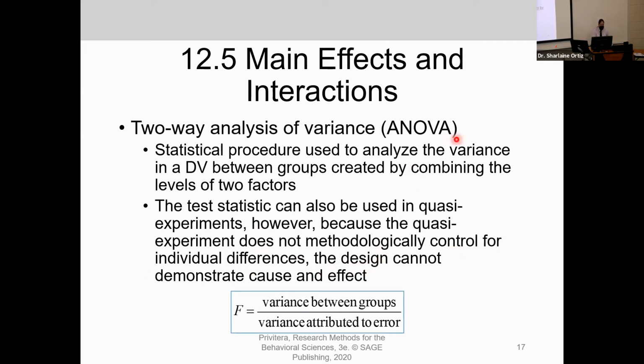So yes, we could utilize that ANOVA to look into the individual differences and how it impacted that dependent variable. But we have to take that with a pinch of salt because inherently a limitation of the quasi-experimental approach is that it will not control and will not address individuals' differences.